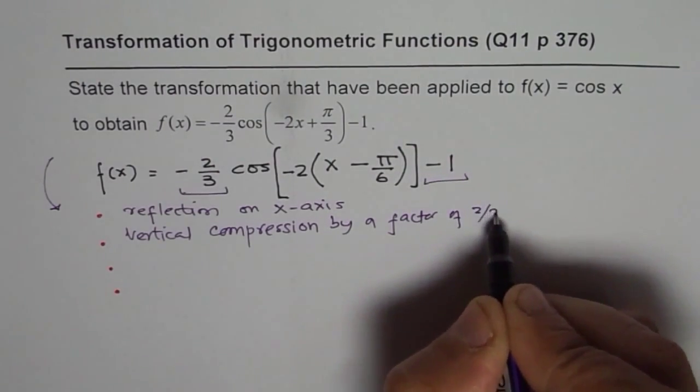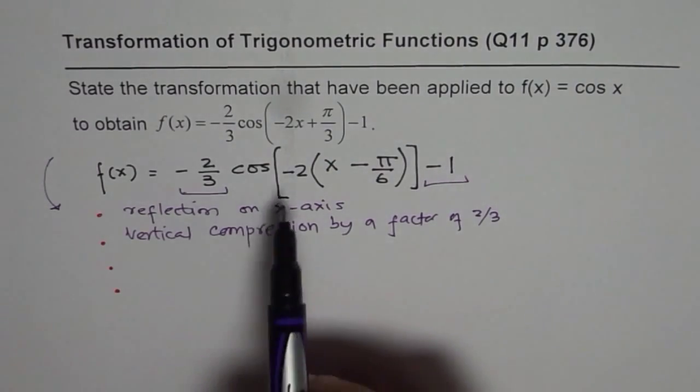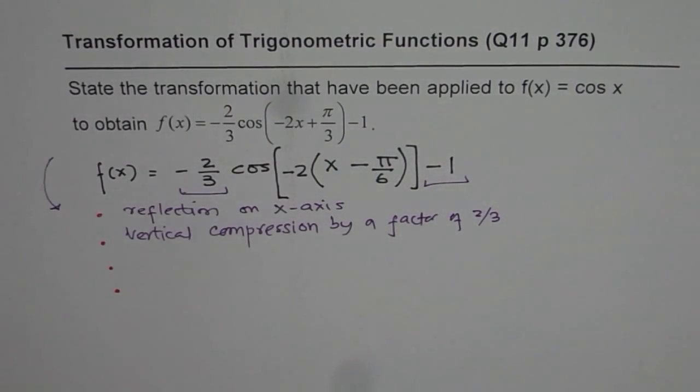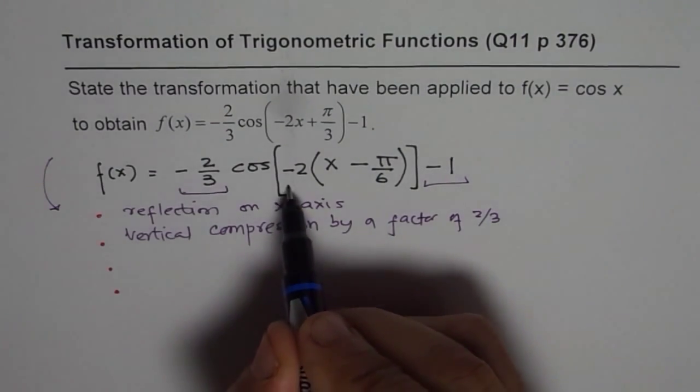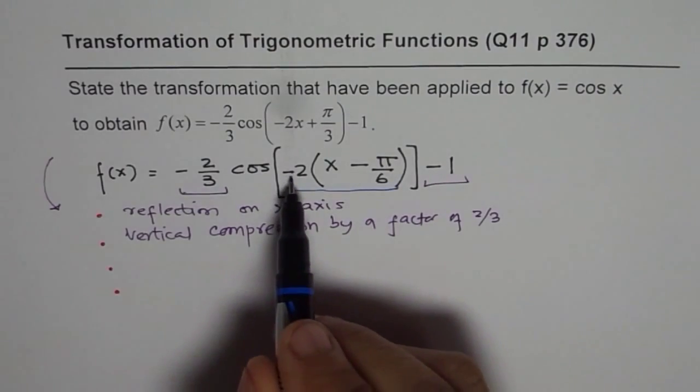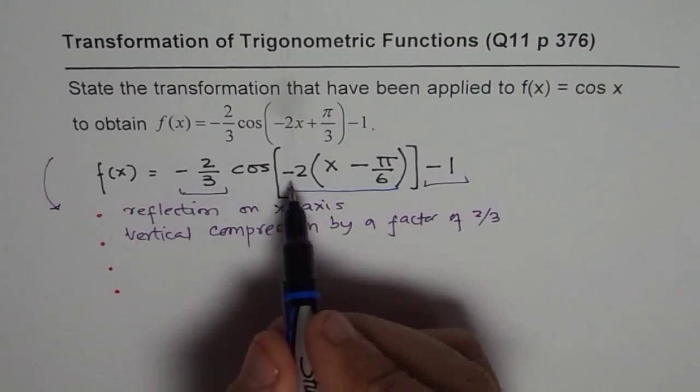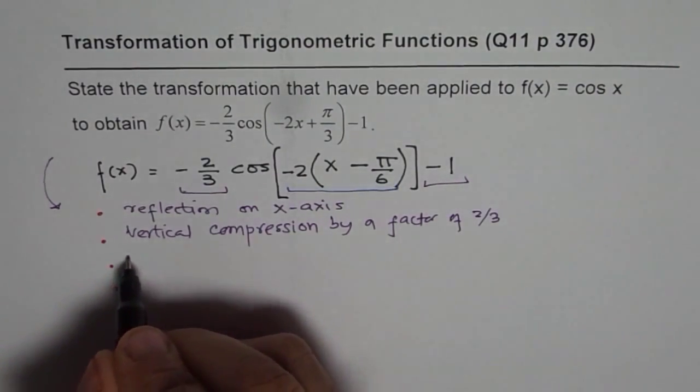Now let's move inside the bracket. Inside the bracket, it is all horizontal. Minus here means reflection on the y-axis.